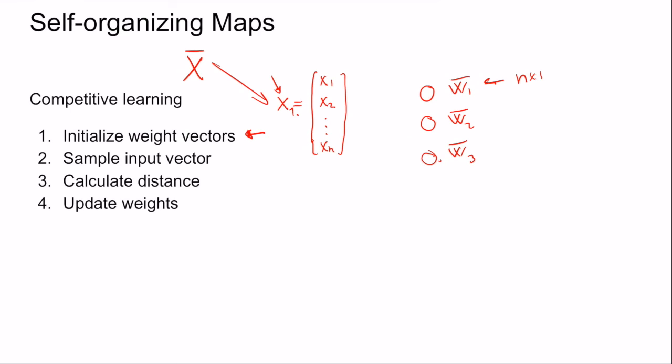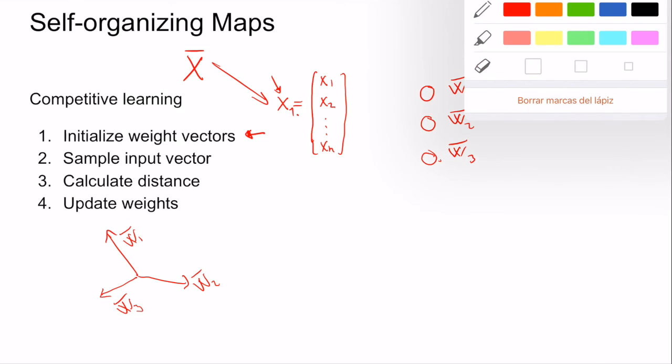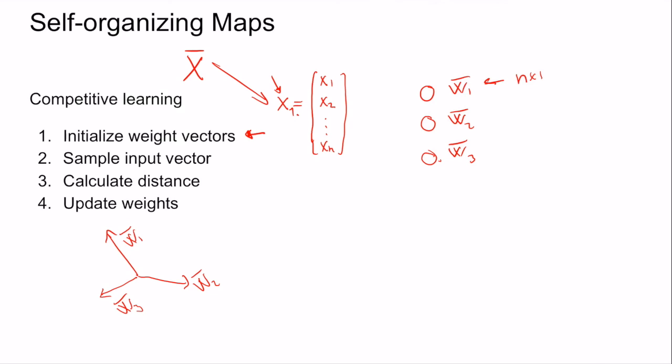And then what we do is we calculate the distance from this input to each of the weight vectors. So if our weight vectors are like this, maybe W1 is this one, and then we have W2, and then maybe W3 is something like this, and then our input, the sample that we got, maybe somewhere here.